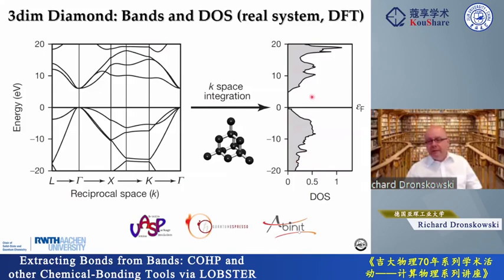Despite the fact that you sometimes see papers in which people discuss chemical bonding based on density of states, you will probably realize that no information about chemical bonding is contained in the density of states, because the density of states does not contain the phase information. So it does not contain whether an interaction between atomic orbitals is in phase or out of phase. So plus-minus signs are not given by this.